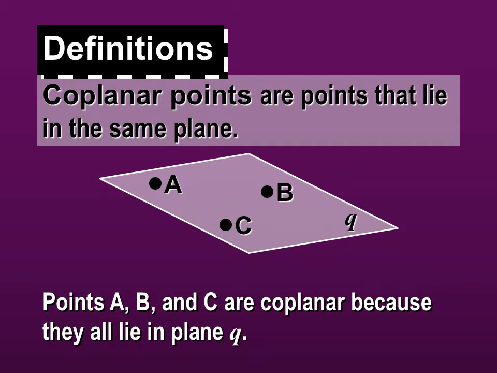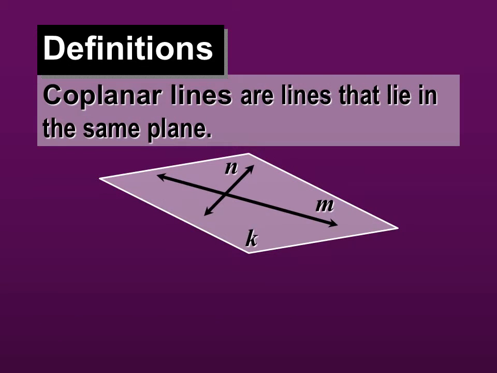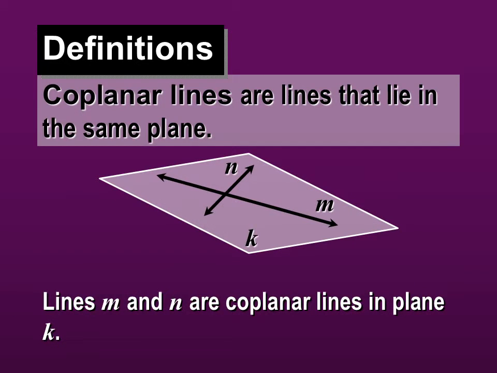So for this example, points A, B, and C are coplanar because they all lie on plane Q. So like coplanar points, we have something else called coplanar lines. So similar to coplanar points, coplanar lines are just lines that lie on the same plane. So for example, lines M and N are coplanar because they both lie in plane K.